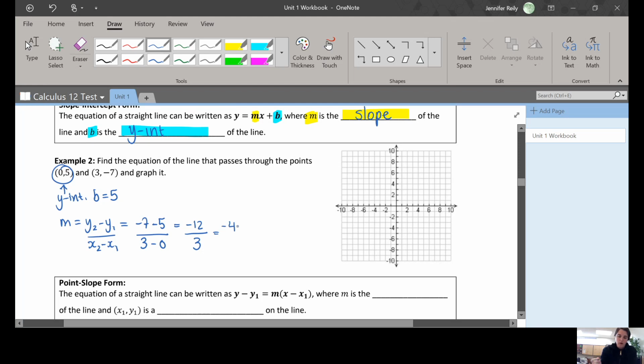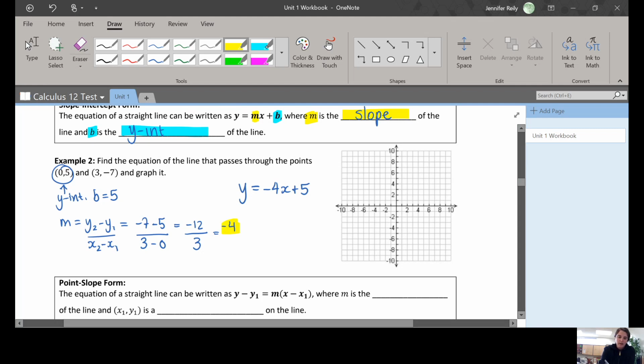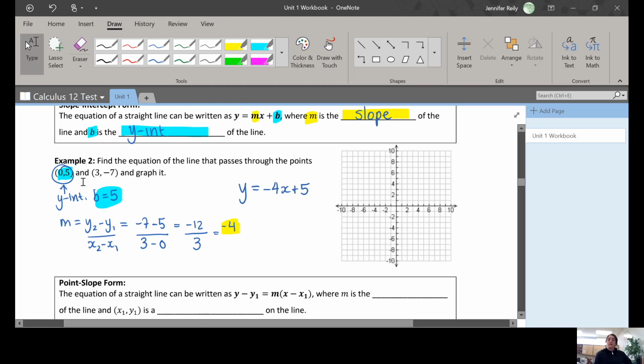So negative 4 is the slope. And so I can write my equation y equals negative 4x plus 5. I'm just going to use the same colors to highlight so it matches above. Okay, so we just happened to be given the y-intercept in the question, and so that's why it made sense to use the slope-intercept form.